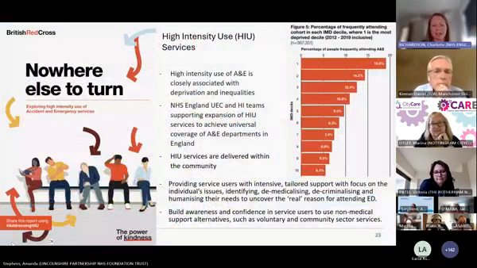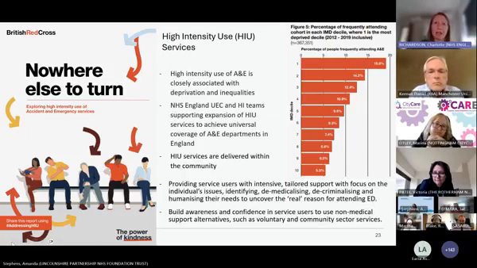So on the next slide, I just wanted to draw attention to one project that we're working on in the NHS England team, particularly because it started as a kind of grassroots project. It started in one area and was shown to be really effective, initially spread organically quite widely before being picked up to replicate that best practice and spread it across England. So the high intensity use services are providing a service for the less than 1% of England's population, who actually make up 16% of accident and emergency attendances and 29% of ambulance journeys.